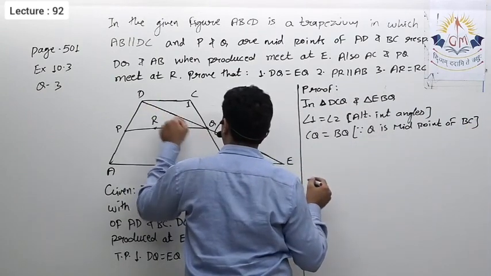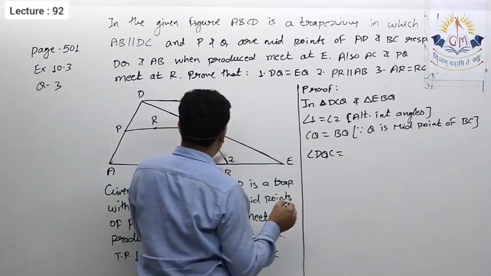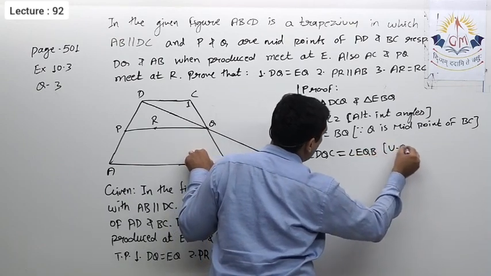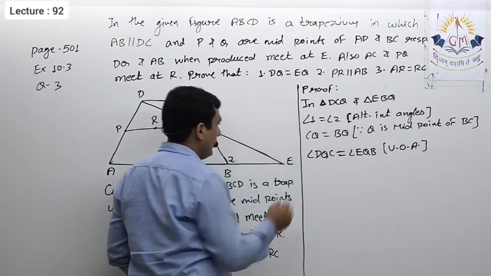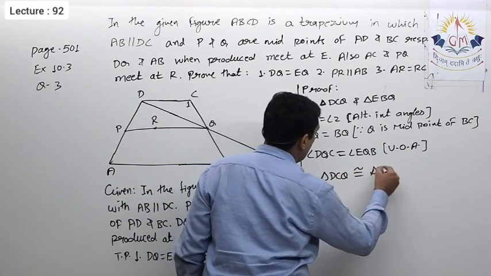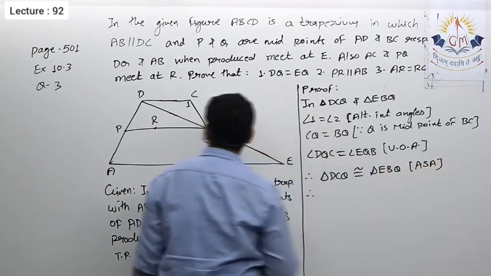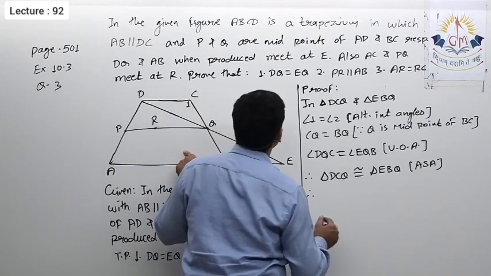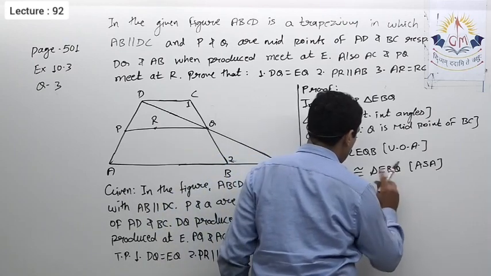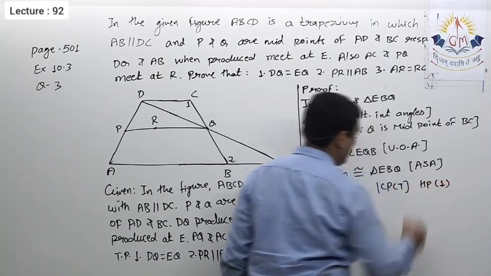Then angle DQC is equal to angle EQB, vertically opposite angle. Okay, therefore triangle DCQ is congruent to triangle EBQ by angle side angle, and therefore DQ equal to EQ. Therefore DQ is equal to EQ, that is by CPCT. Here I can cite hence proved first.